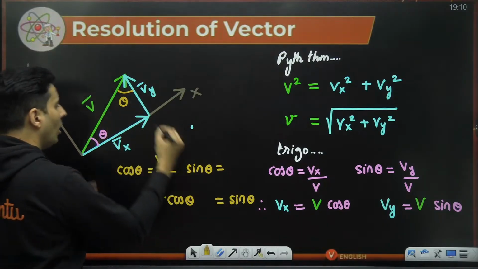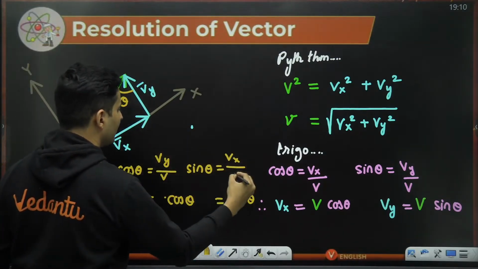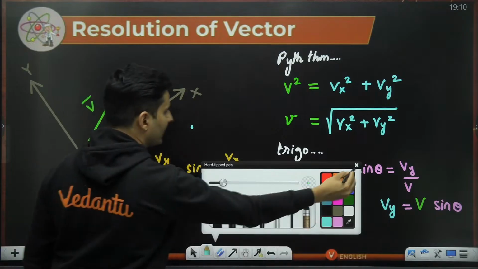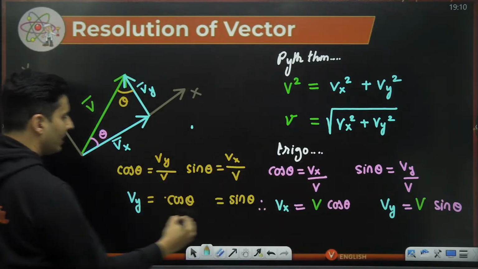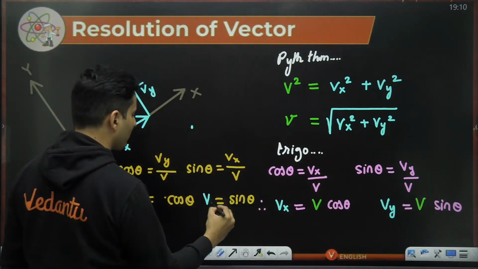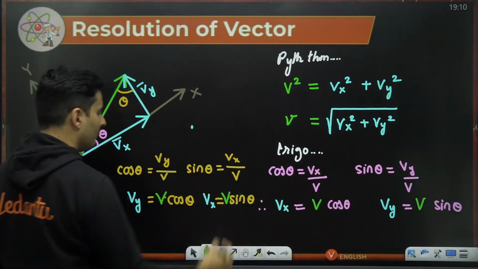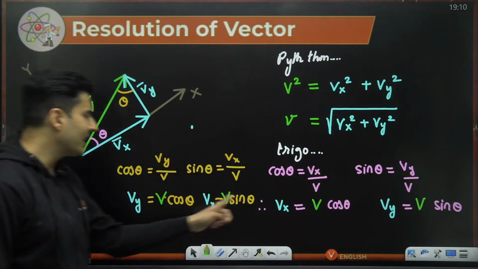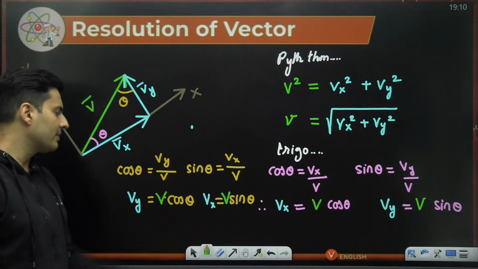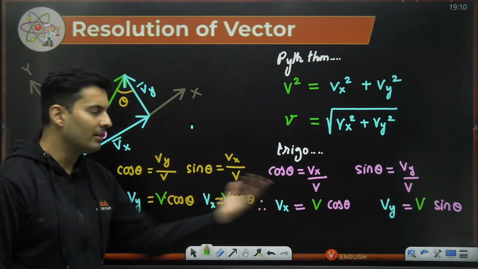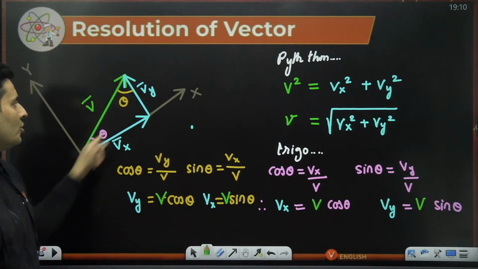Sine theta will be opposite side, that means vx by hypotenuse. So for that person vx is v sine theta and vy is v cos theta. So things can differ depending on which angle you have chosen.